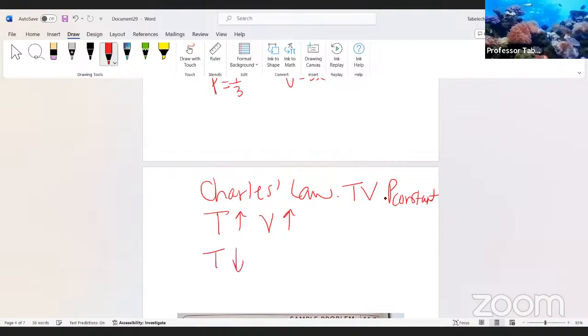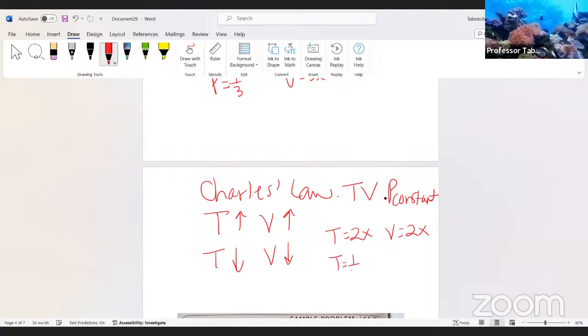If my temperature goes down, my volume also will go down. So if my temperature doubled, my volume is also going to double. If my temperature dropped by a fourth, my volume is also going to drop by a fourth. So they're going to do the same thing.